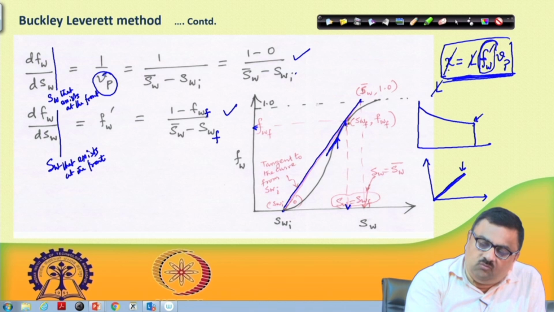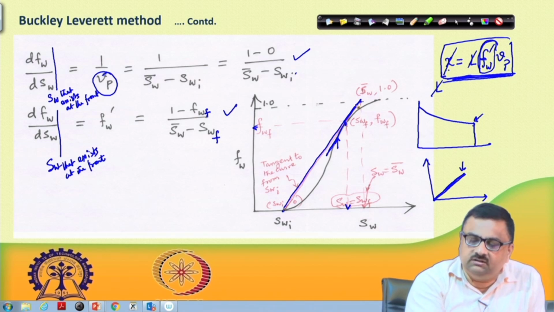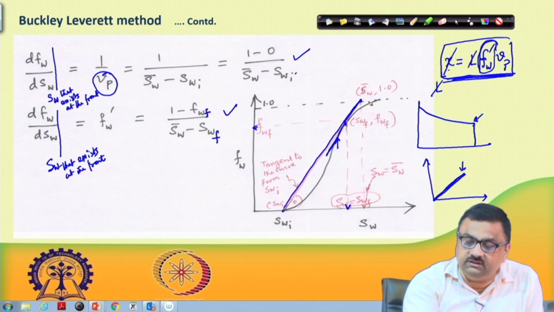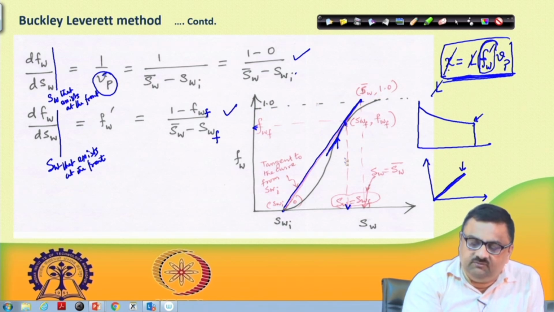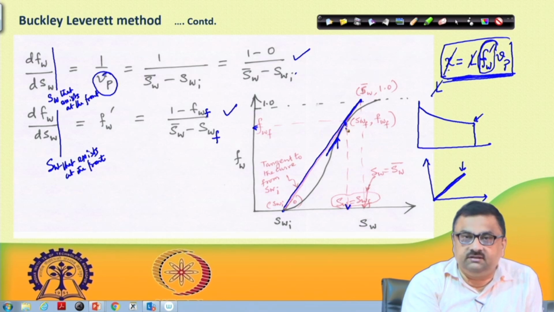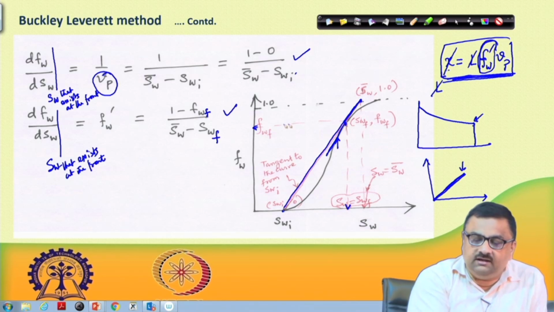First of all, what is the slope of this line? Here the FWF is 1. So, the coordinate of this point is x value SW bar, that is my proposition, and 1.0 y, right. And this is the point where x value is SWF, the front saturation, again that is a proposition, and the corresponding value of FW is FWF.